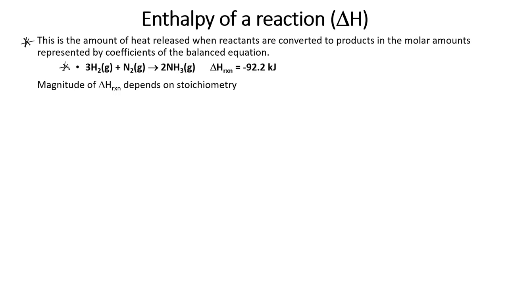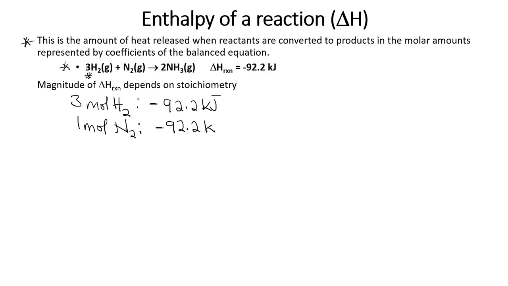So we can have conversion factors based on this reaction. We know that 3 moles of hydrogen will produce negative 92.2 kilojoules of energy. So that is from this reaction. 3 moles of hydrogen produces negative 92.2 kilojoules of energy. 1 mole of nitrogen produces the same, negative 92.2 kilojoules of energy.